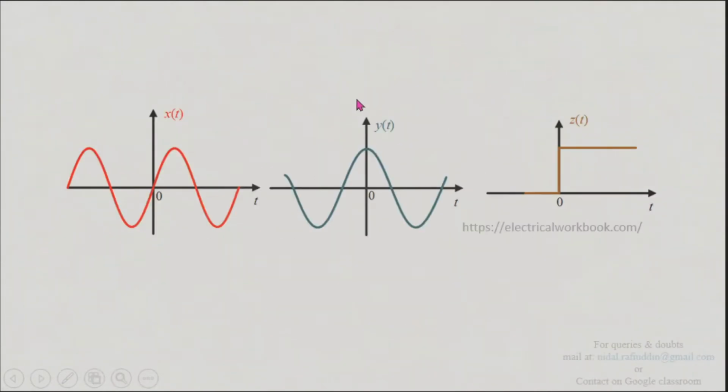So let's do a few examples to identify whether the signal is even or odd. So I shall be drawing this. Starting with an example, this is x(t) versus t. Another example.